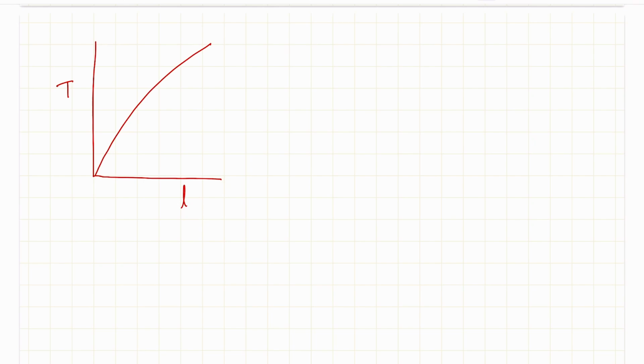So, if we want to turn this into a straight line graph, what can we do?